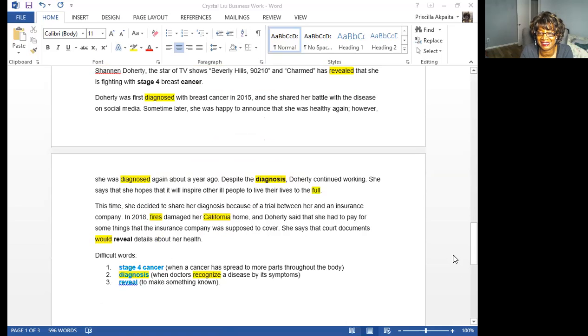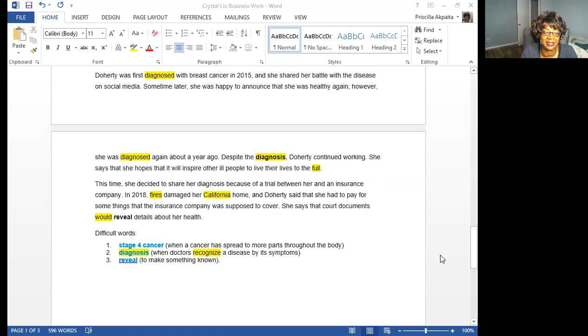Despite the diagnosis, Doherty continued working. She says that she hopes that it will inspire other ill people to live their lives to the full. This time, she decided to share her diagnosis because of a trial between her and an insurance company. In 2018, fires damaged her California home, and Doherty said that she had to pay for some things that the insurance company was supposed to cover. She says that court documents would reveal details about her health.